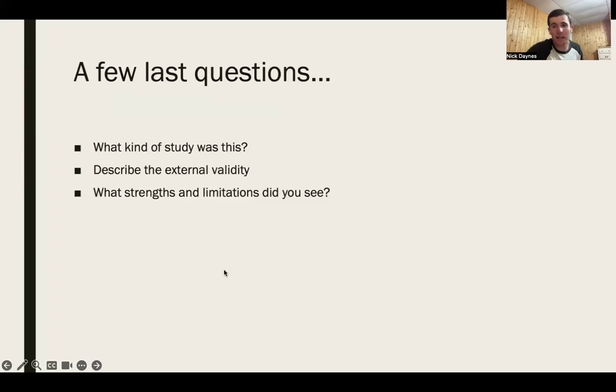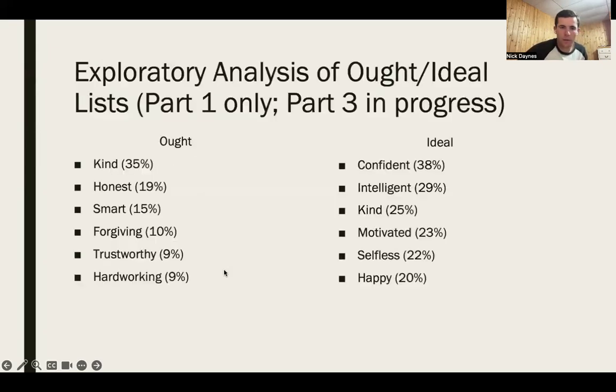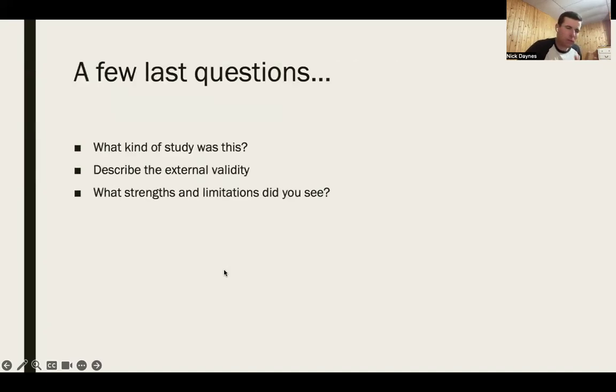What kind of study was this? This is a cross-sectional study. It's also an association study with the correlations. It also can be considered a frequency study, especially if you consider how these are just frequency counts that we used right here. So that would be the kind of study that this was. Because it's correlational, because it's association, you cannot draw causal conclusions.